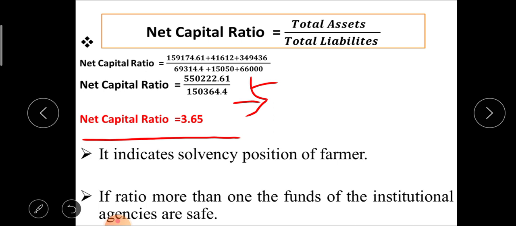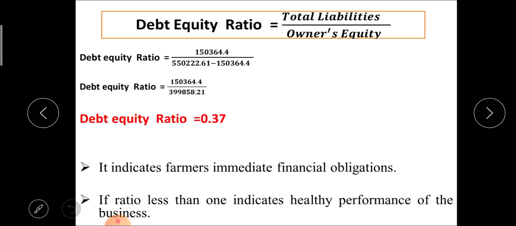Then next ratio is the debt equity ratio. The formula for debt equity ratio is equal to total liabilities divided by owner's equity. Total liabilities are the summation of current liability plus intermediate liability plus long term liability, and owner's equity is the difference between total assets and total liability.